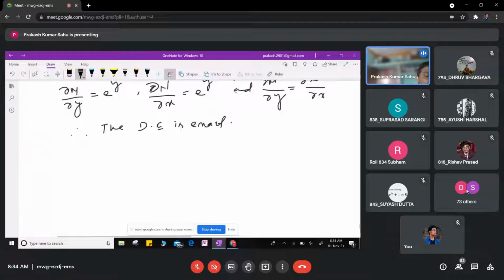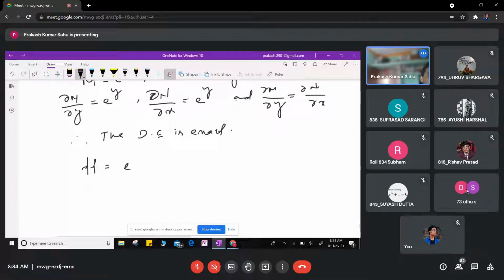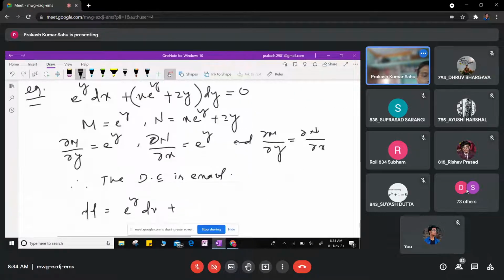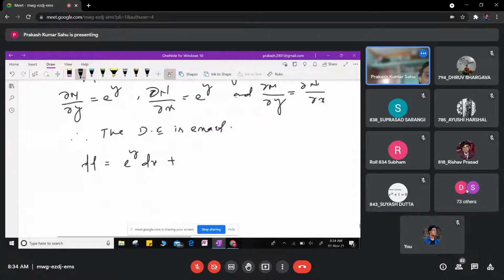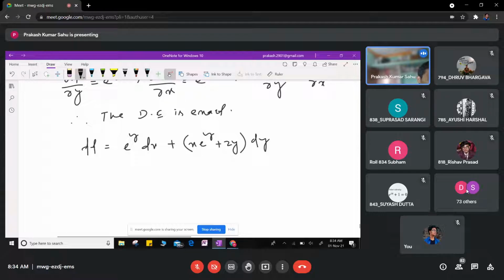If this differential equation is exact, then we can write df is equal to e to the power y dx plus x into e to the power y plus 2y dy. Yes or no? M dx plus N dy, you can write df is equal to this much.